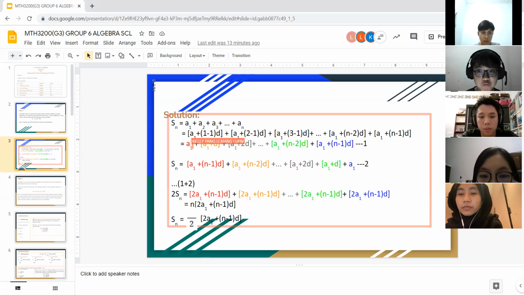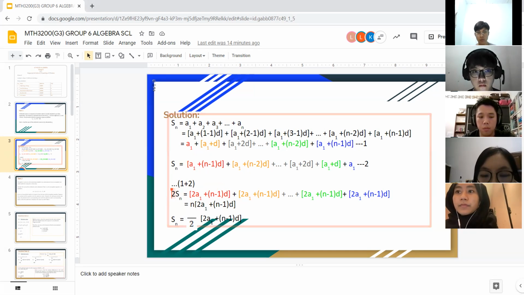Each will be 2A1 plus bracket n minus 1 multiplied by D. Actually, it is the same for all, so it is n terms of 2A1 plus bracket n minus 1 multiplied by D. So I move the multiply 2 to the back, becoming divide by 2. So my answer is Sn is equal to n divided by 2, multiplied by 2A1 plus bracket n minus 1 multiplied by D.